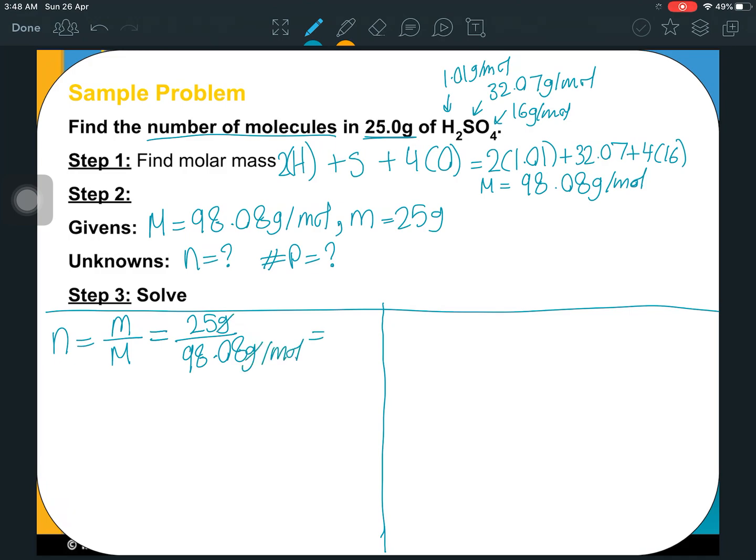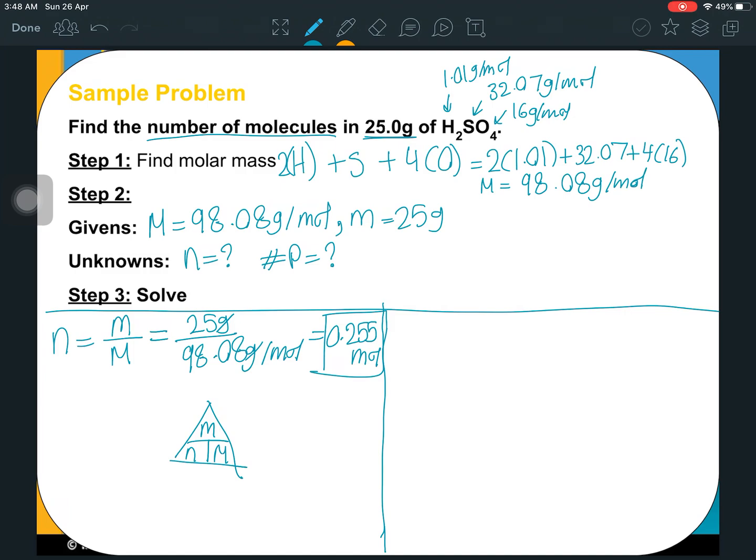The grams cancel out, and you end up getting 0.255 moles of your substance. Perfect.